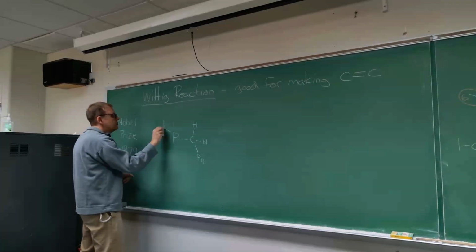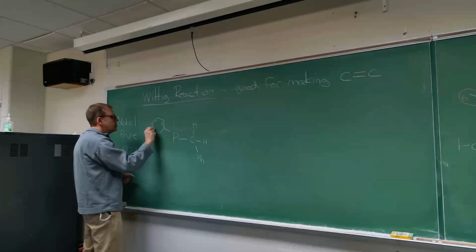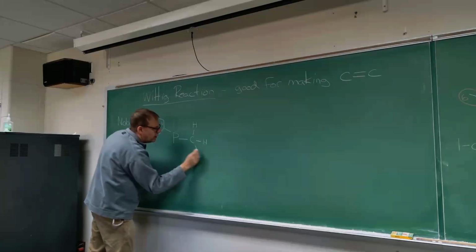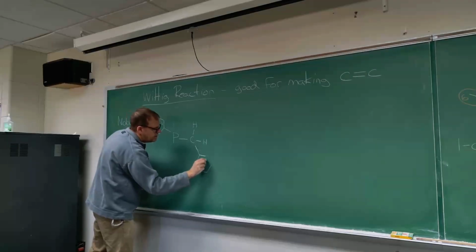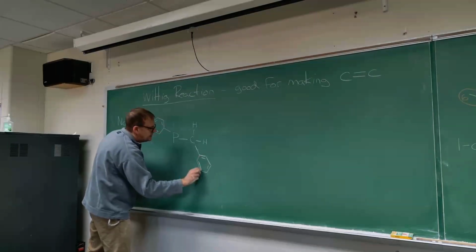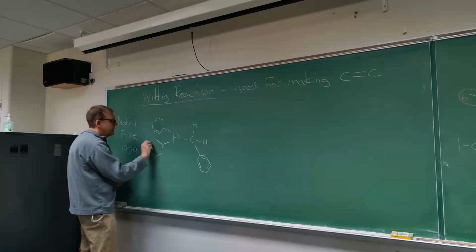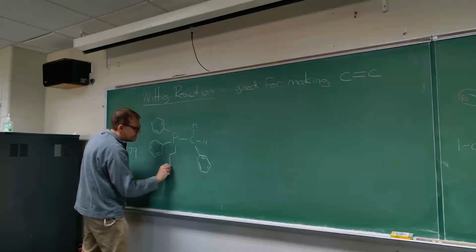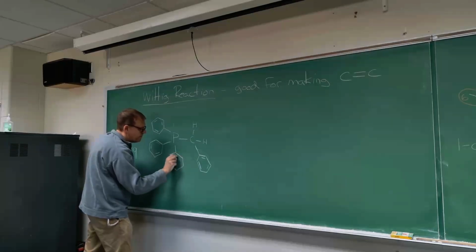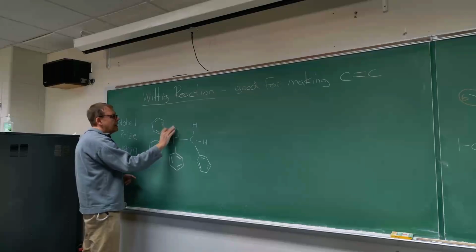While we're getting used to this, I'm going to draw in all the phenyl groups so that you have an appreciation for where they are. A phenyl group is just a benzene ring attached as a substituent. So this phosphorus has 4 bonds to it. It has a formal positive charge.